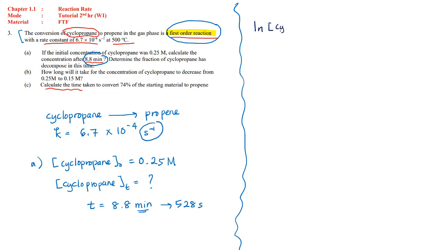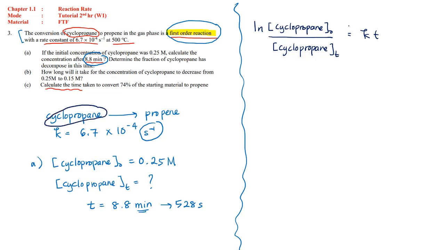Ln initial concentration of cyclopropane divided by the concentration of cyclopropane after 8.8 minutes, which is equal to kt. Since the question dah beritahu siapa reaktannya, kita tak boleh guna ln initial concentration of A bahagi concentration of A at T time. Kita kena ganti siapakah reaktannya.